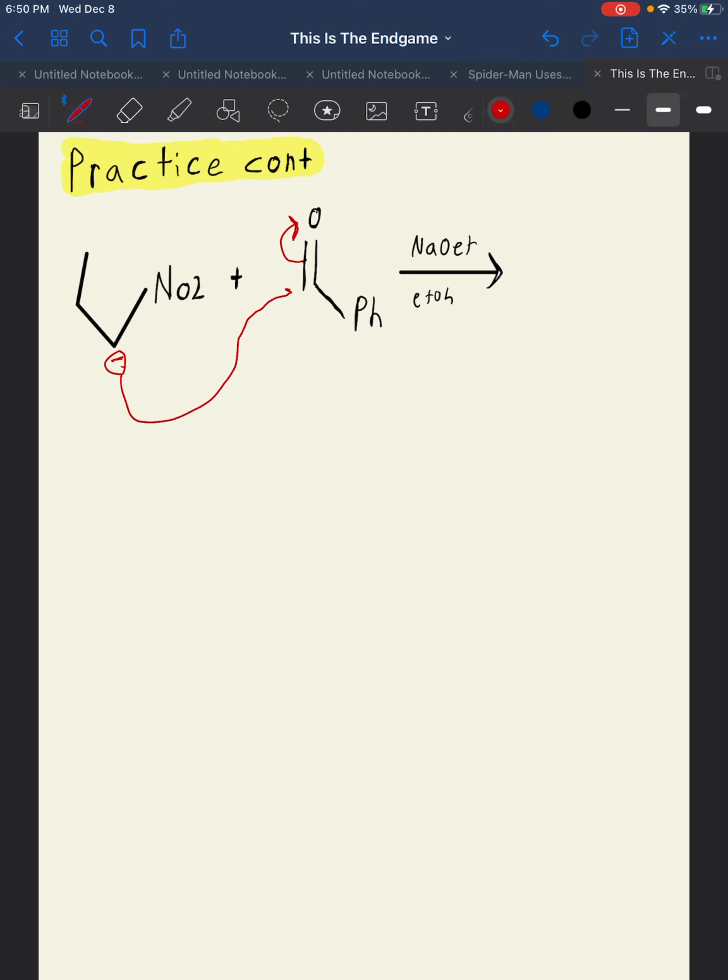Nucleophile can come in and attack. New bond in red. Just like that.